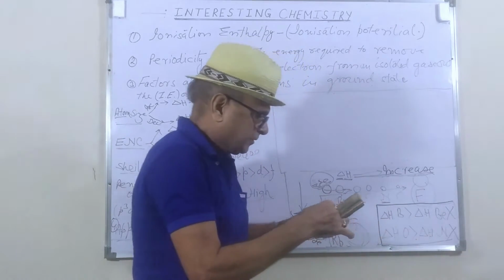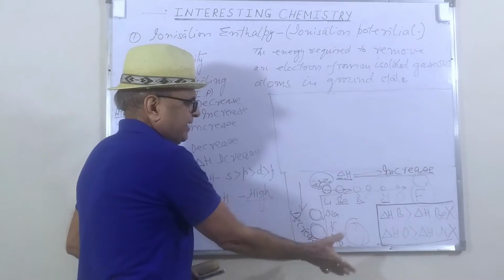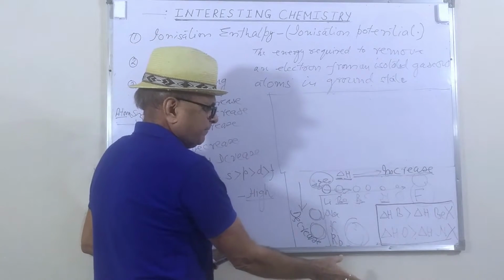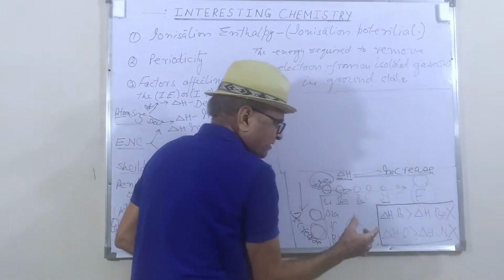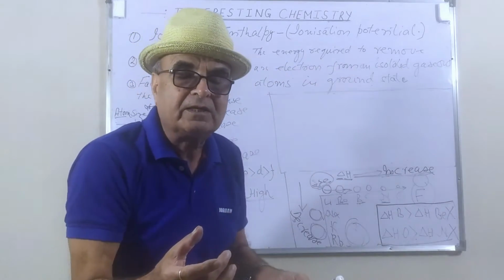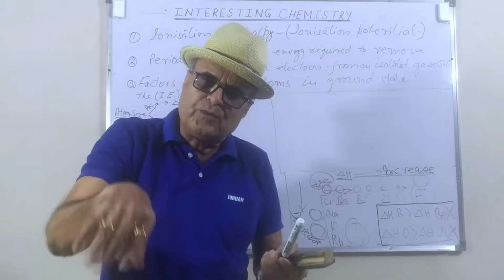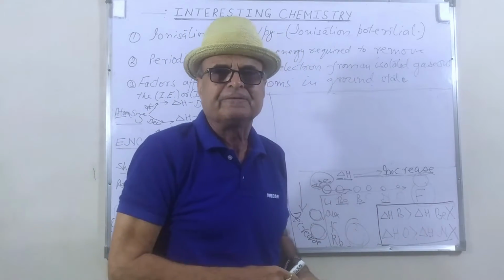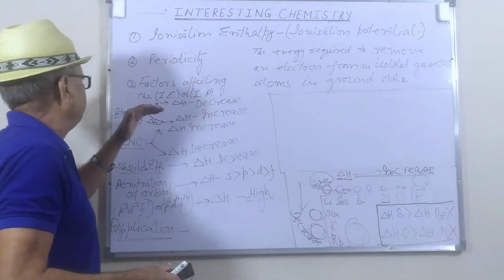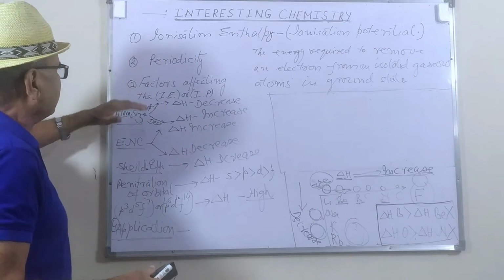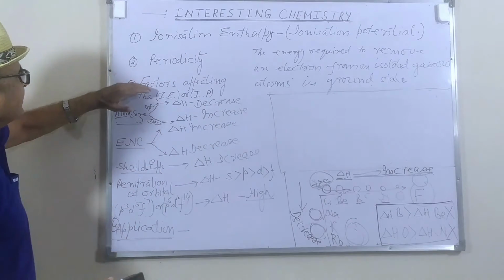So I have explained, according to the trend, according to the periodicity, they should be in this way. But in practice, we found the reverse of this statement. How will you explain? So first I will explain the factors.